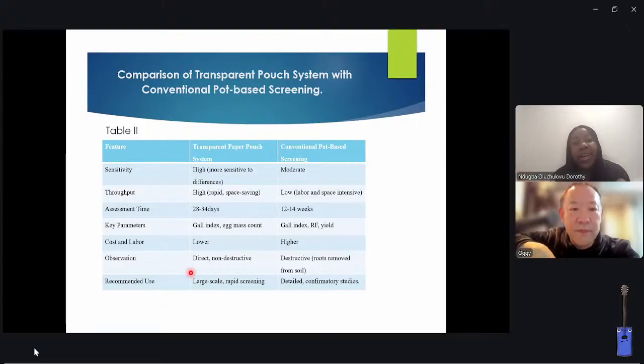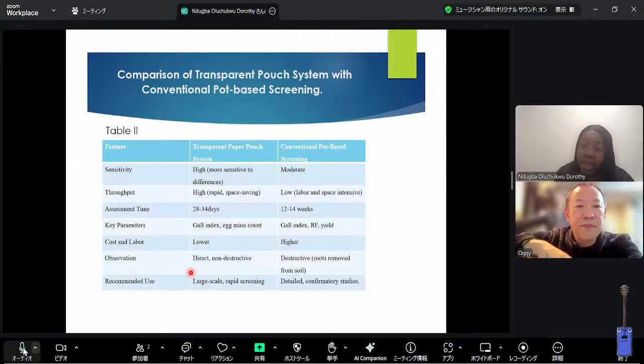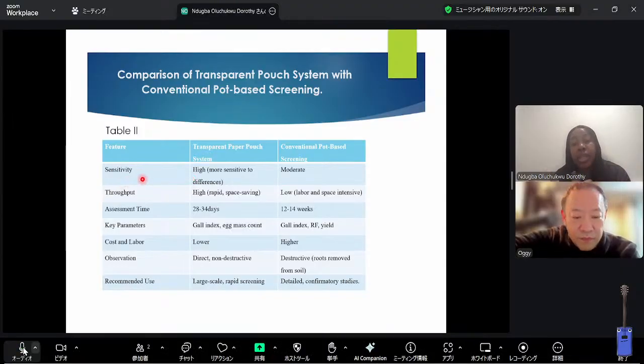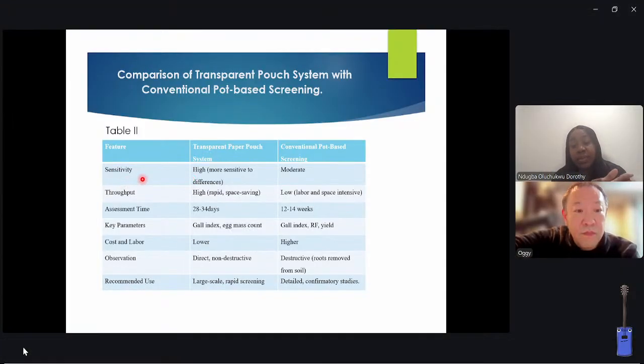So generally, the summary of all my research: the previous experiment I explained last week, which was the transparent paper pouch. Here, I tried comparing it with the conventional pot-based screening. For sensitivity, the transparent paper pouch is high, while the conventional method is moderate.